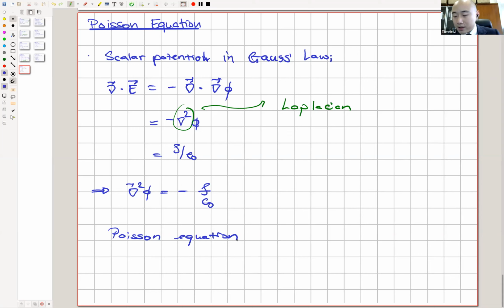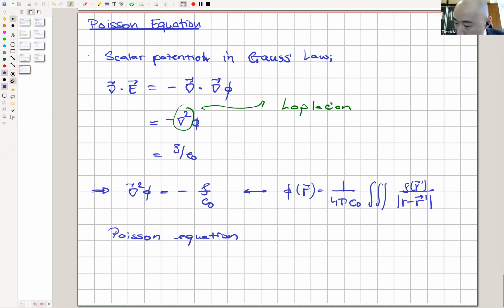For the time being, it suffices to say, and this is something that I've alluded to before as well, right? Remember when we looked at Helmholtz theorem, ultimately the thing that I told you to assume is that the Poisson equation has a unique solution, and in this case, we can write phi as a function of position as 1 over 4 pi epsilon naught integral of rho of r prime over the magnitude of r minus r prime, d cubed r prime.